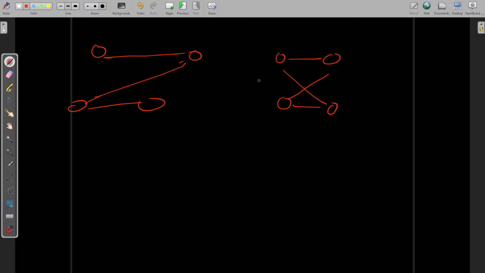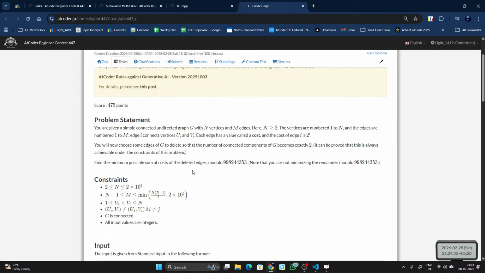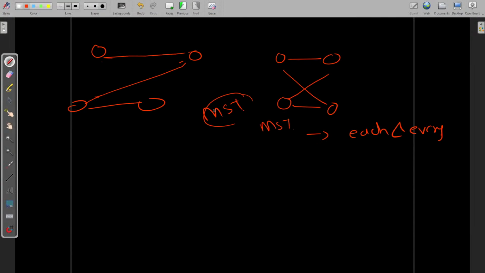But there is a constraint in the question. If I want to create a maximum spanning tree, this concept does not really exist, because what does a maximum spanning tree mean? Just take each and every edge. Because if you want maximum, then why ignore any edge at all? Just keep all the edges. But in this question, they have introduced a condition that the number of connected components should be exactly two.